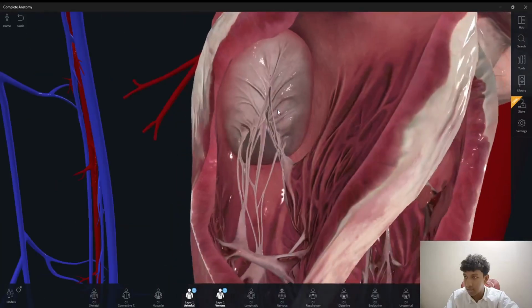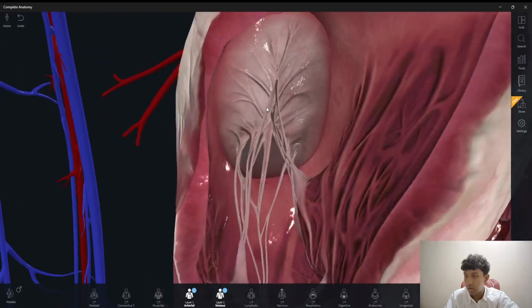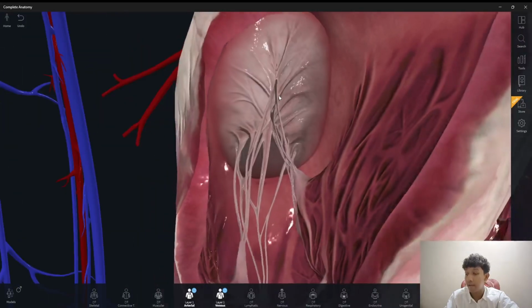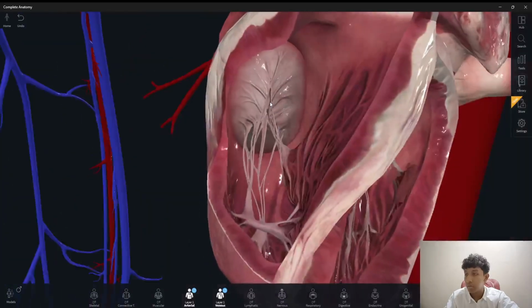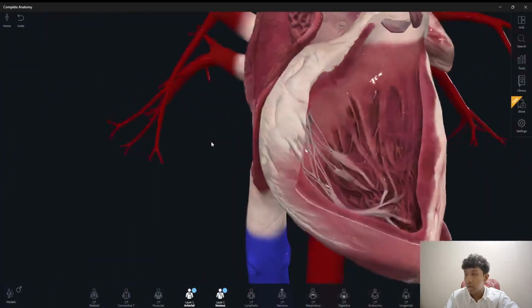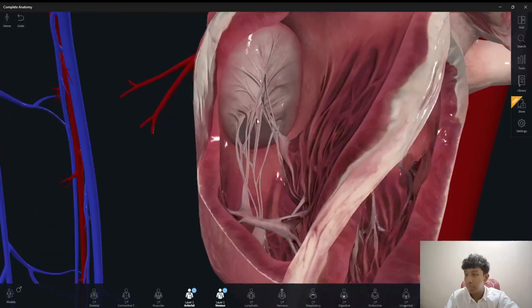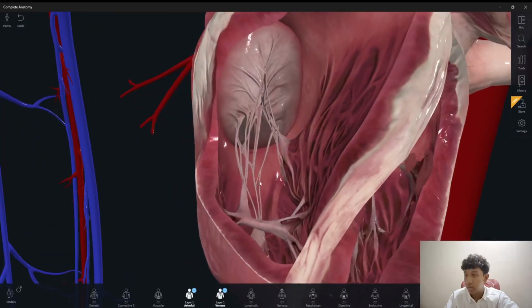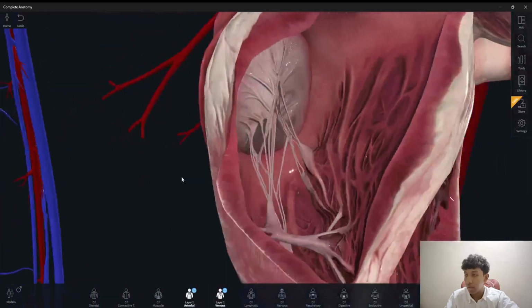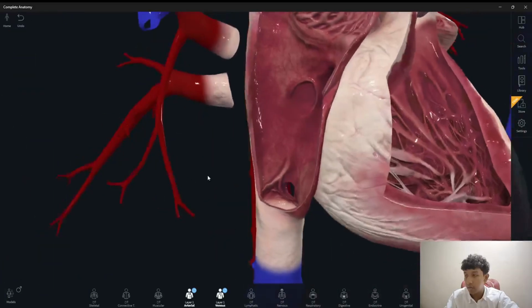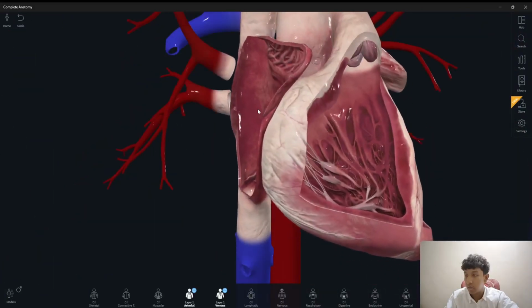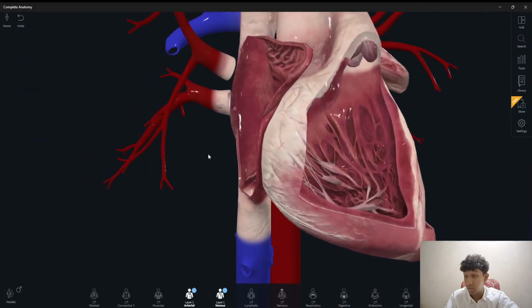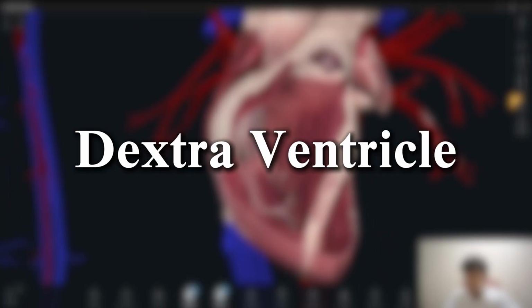These are what's called the tricuspidalis valve. The tricuspidalis valve acts as a barrier between the atrium dextra and the ventricle dextra. So after the blood goes from the dextra atrium, it goes into the dextra ventricle.